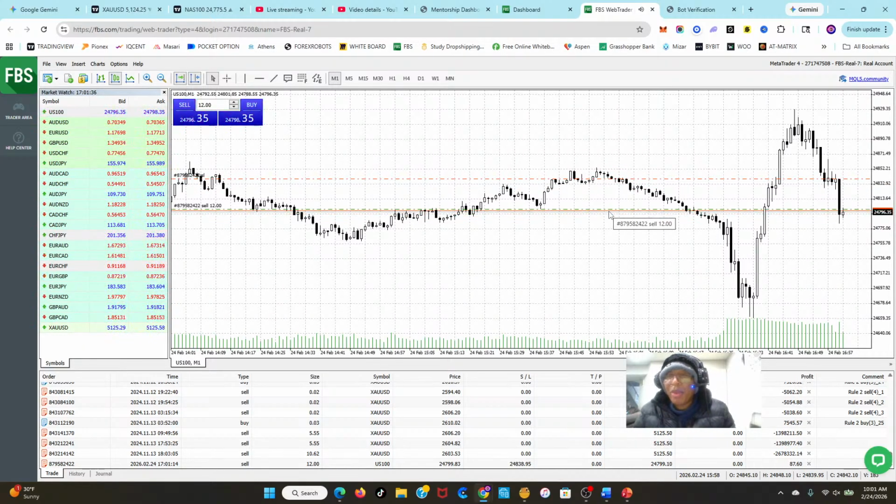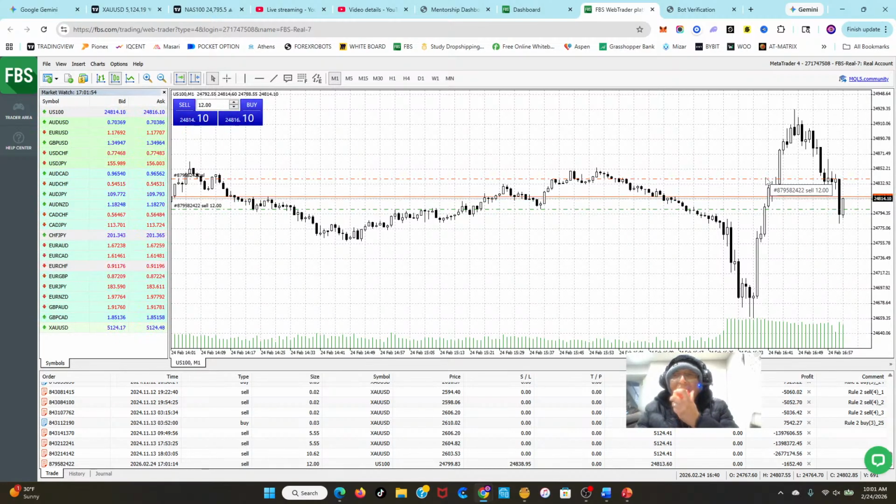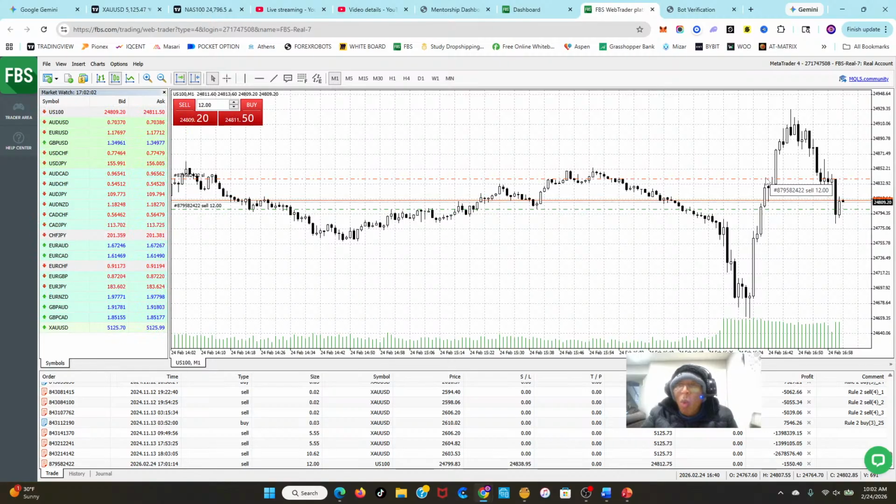And now it's coming back. We entered here hoping that we could ride this bar down, but it doesn't look like it. Ooh. Instead it's going up. We have a stop loss, guys.